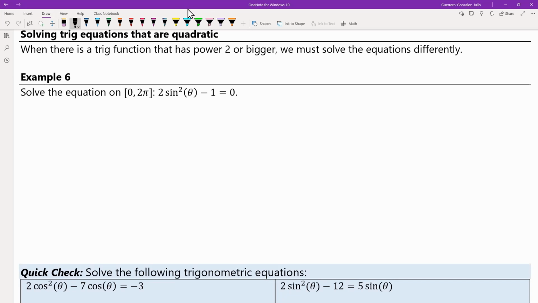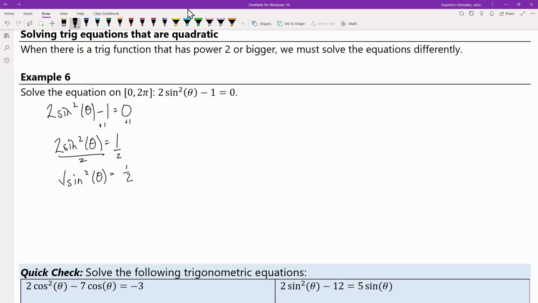Let me rewrite it here too. 2 sine squared theta minus 1 equals 0. I still want the sine of theta by itself. So I'm going to do plus 1: 2 sine squared theta is equal to 1. Divide by 2, divide by 2. Sine squared of theta is equal to 1/2.